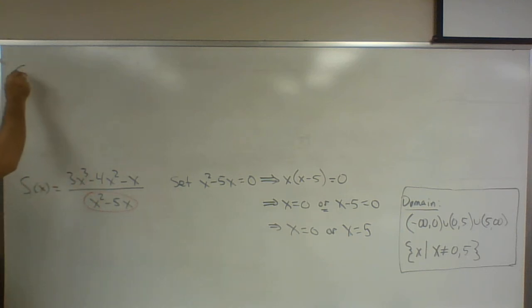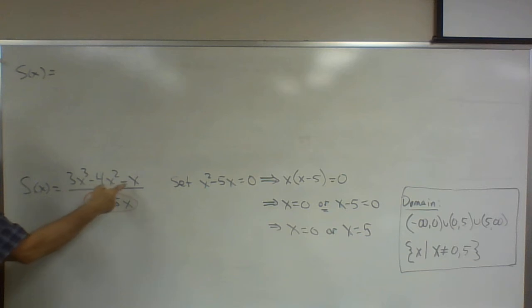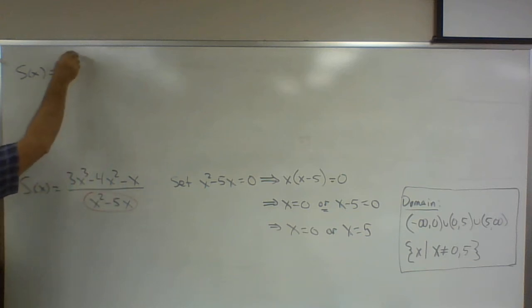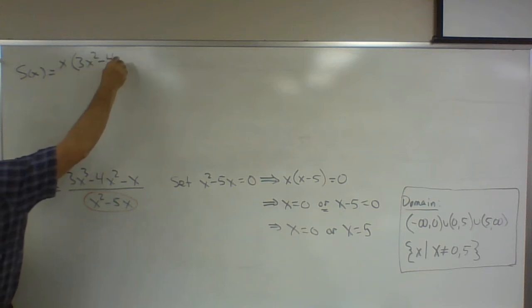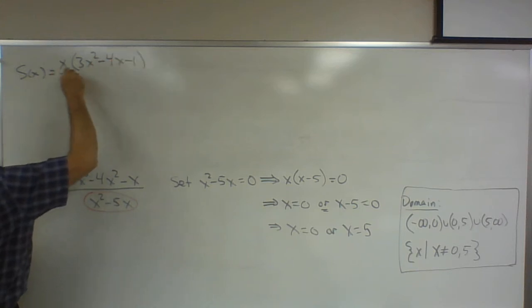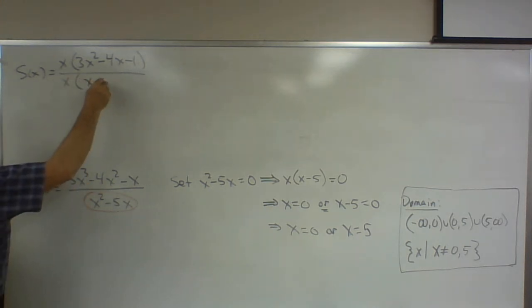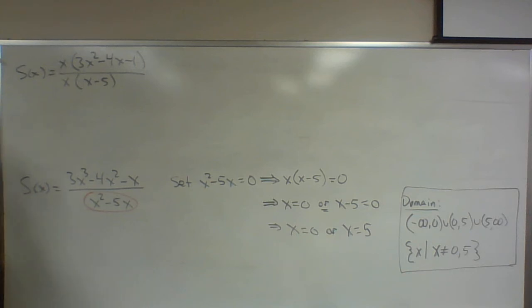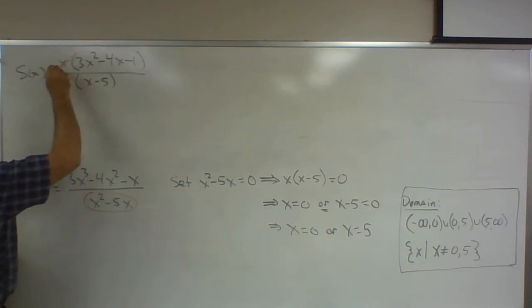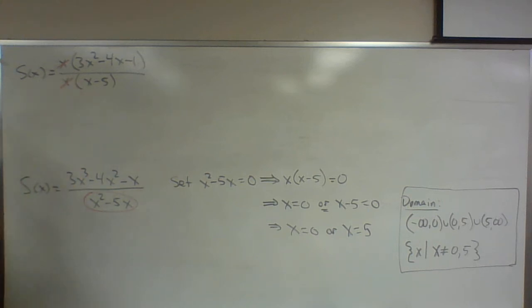If we took s of x and we factored out the x in the top, and we factored out the x in the bottom, and then canceled the x's, we'd get this.